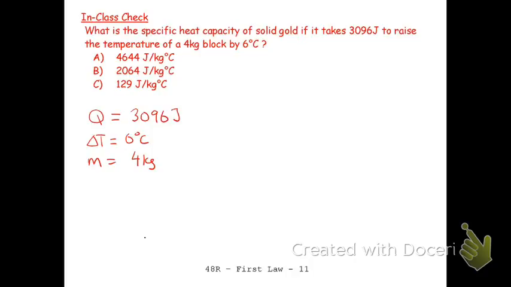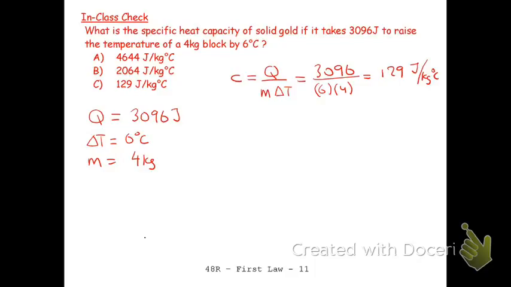So my specific heat, little c, is equal to Q over m delta T, which equals 3096 over 6 times 4. 3096 divided by 6, fours are 24, so that's going to be 129, and will be joules per kilogram degree C. It's as simple as that.